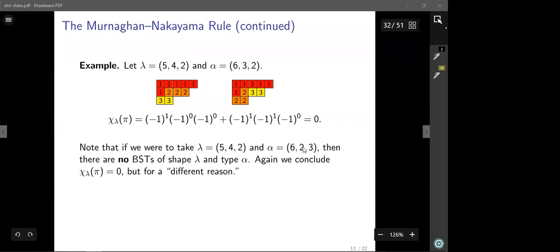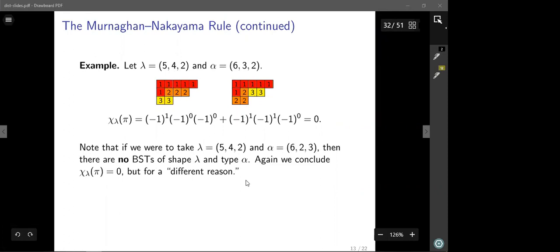There's no way to have the 2s be of size 2 and then the 3s be of size 3, because if you try to make these yellow things 2 and the orange things 3, that would violate this non-increasing condition. Similarly over here, you'll conclude that there are no border strip tableaux of that type alpha. That's okay, then you have an empty sum, so chi lambda at pi is 0.